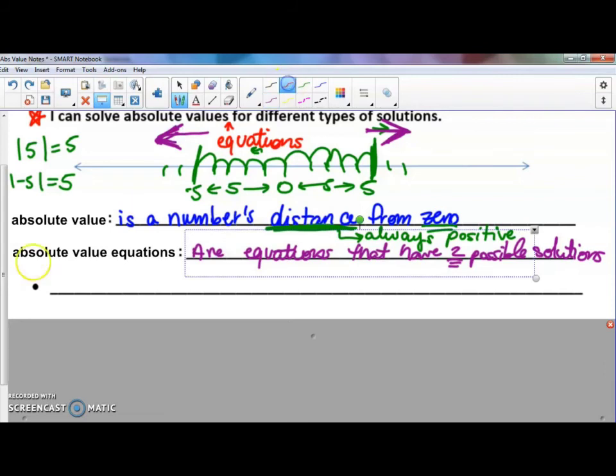Now, I do have an extra little spot here. If you want to make a star, there's a couple of things we just need to know about our absolute value equations. Because absolute value is positive, so because I'm going to put abs value, I don't have to write as much, absolute value must equal a positive.